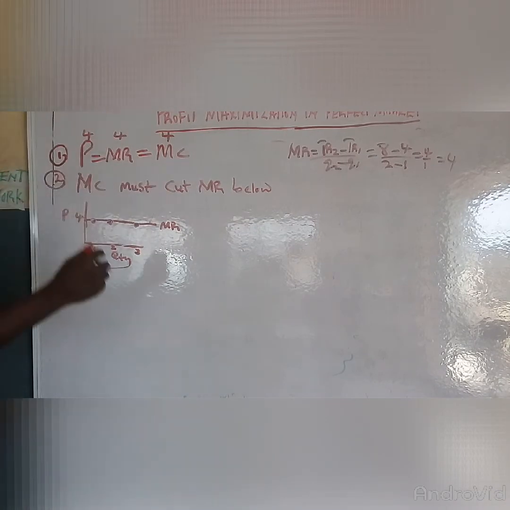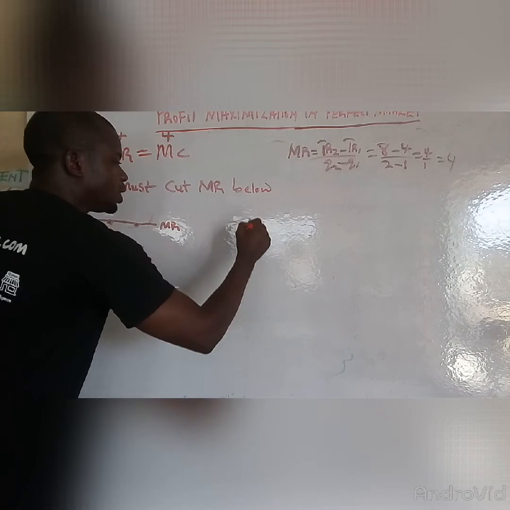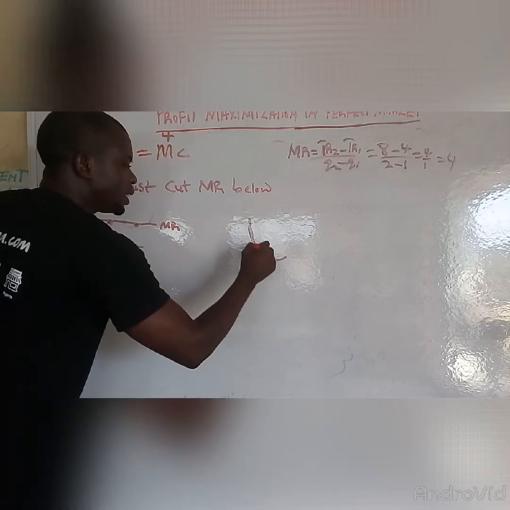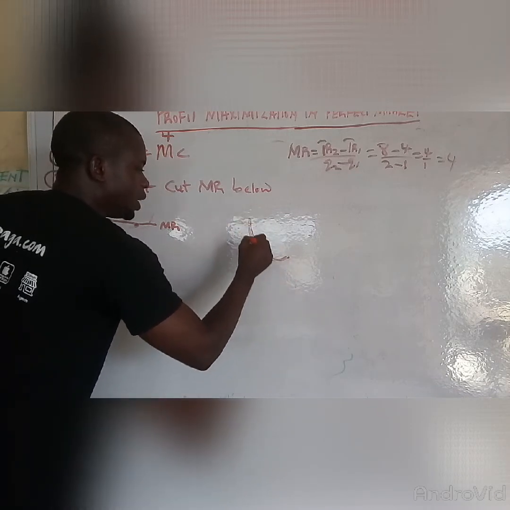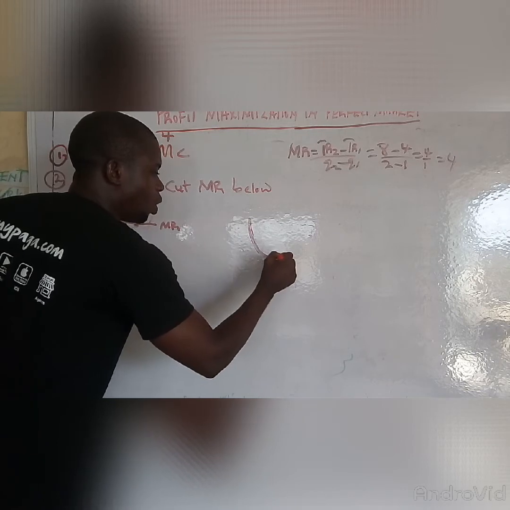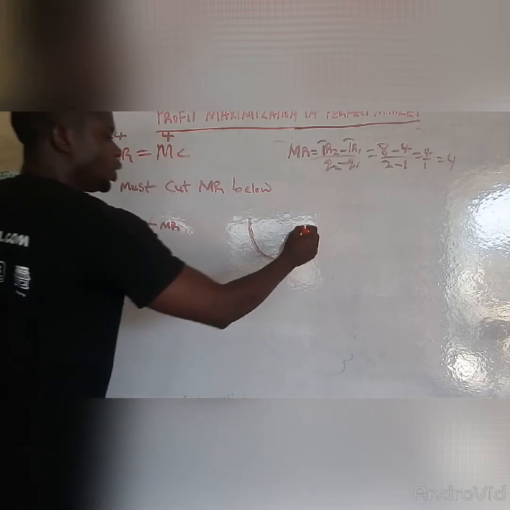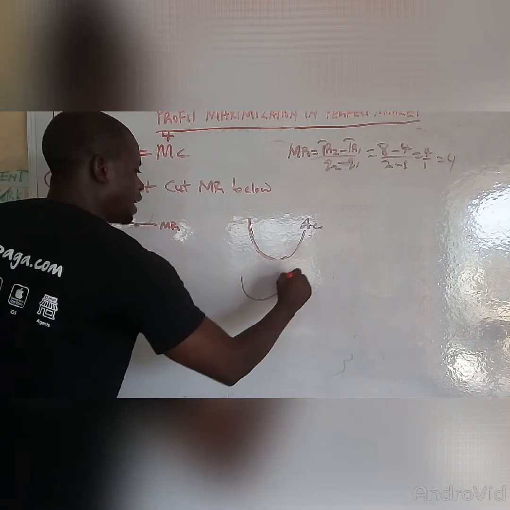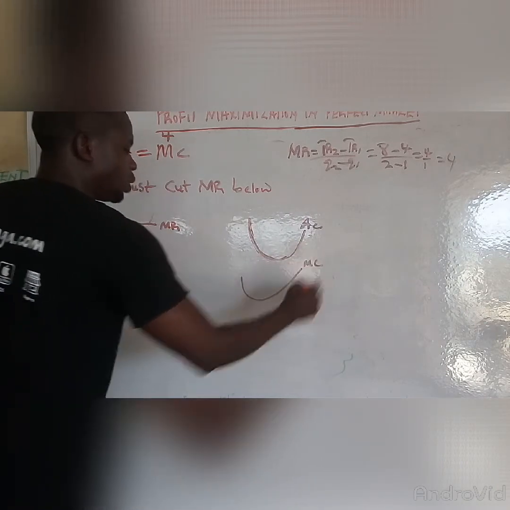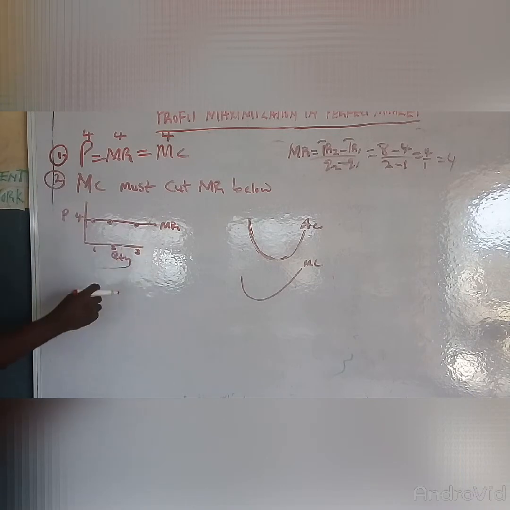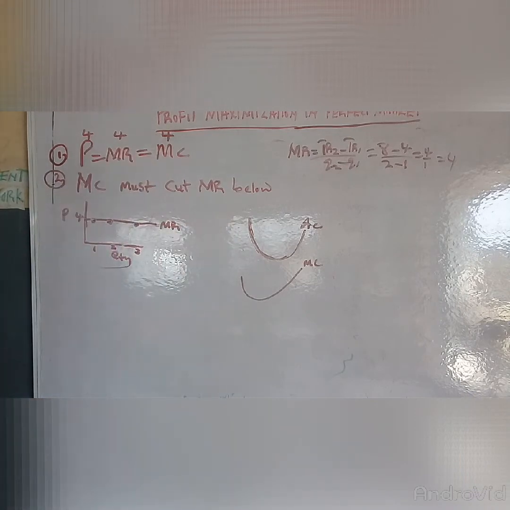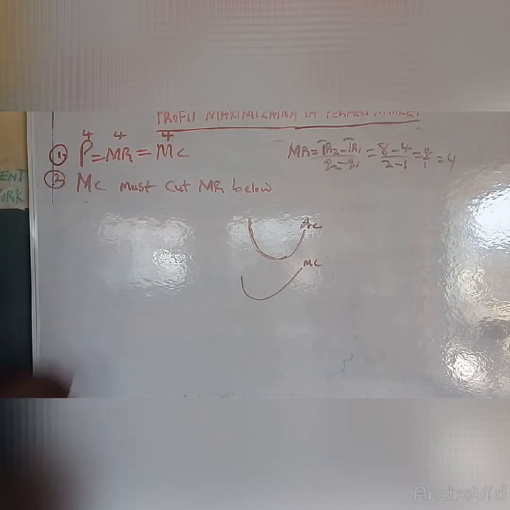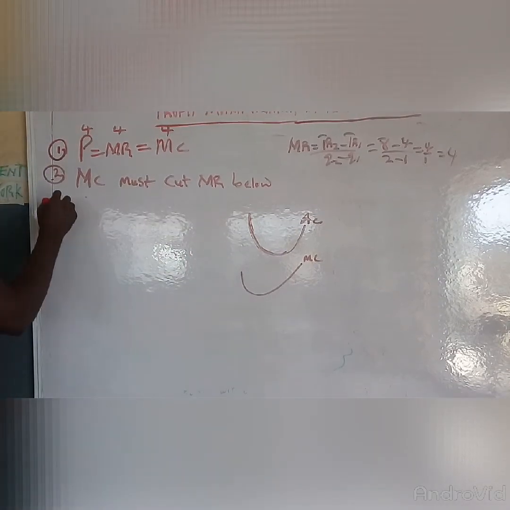Having established that, now let's go to what we need to ensure that this is achieved. We need to understand that our average cost starts from a high point, then it slopes downward, then it rises back. So it's going to be in a U shape. This is our average cost. Our marginal cost comes like this also. So we are going to superimpose the three to give us this. So let me start. What we do now is we first draw.